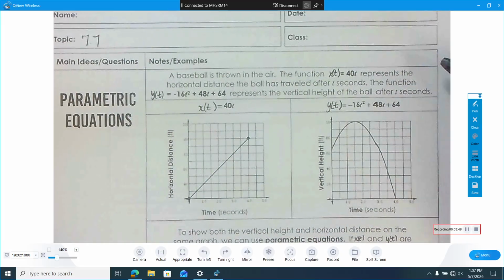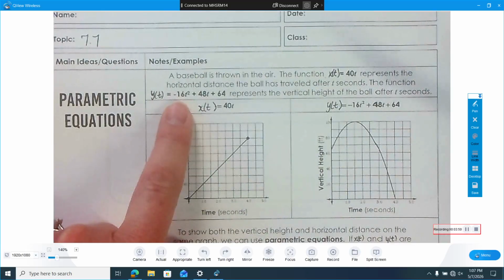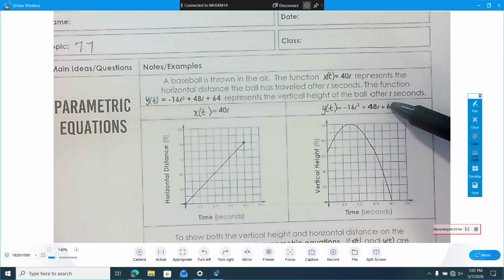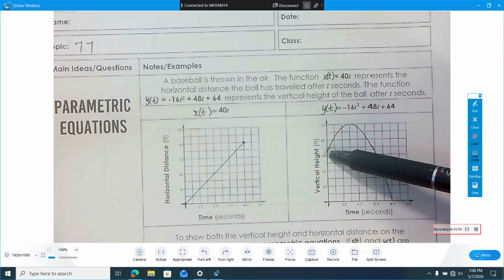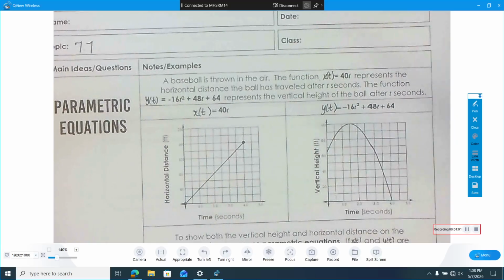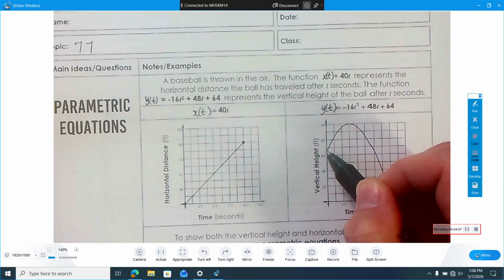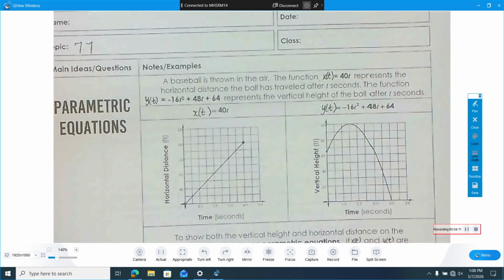Now, over here, the function y of t equals negative 16t squared plus 48t plus 64, that's this equation here, represents the vertical height of the ball. And so, oh, this is interesting. So this graph is saying, hey, at 0 seconds, the height of the ball is way up here at like, not quite 70 feet. So maybe they're up on top of a hill, who knows? Okay, but they're 70 feet above, and they throw the ball.